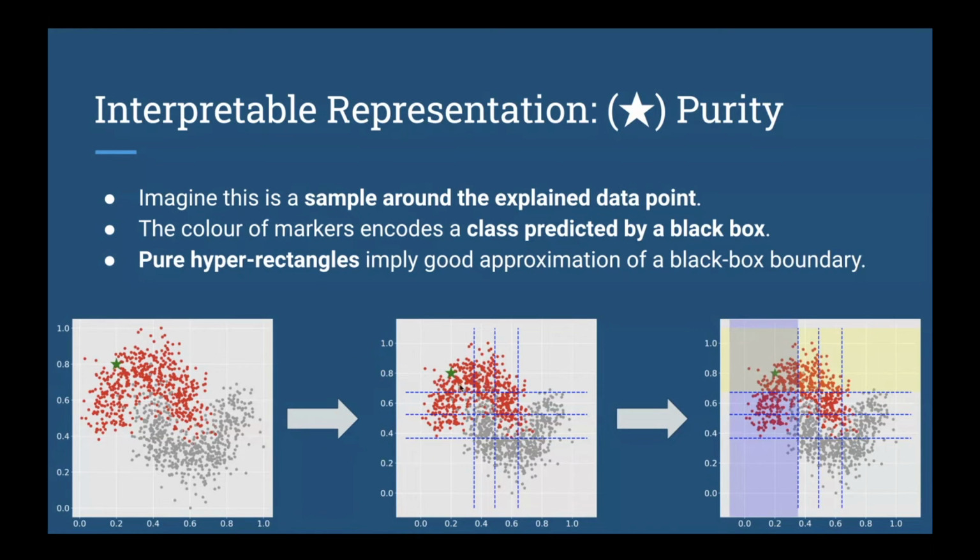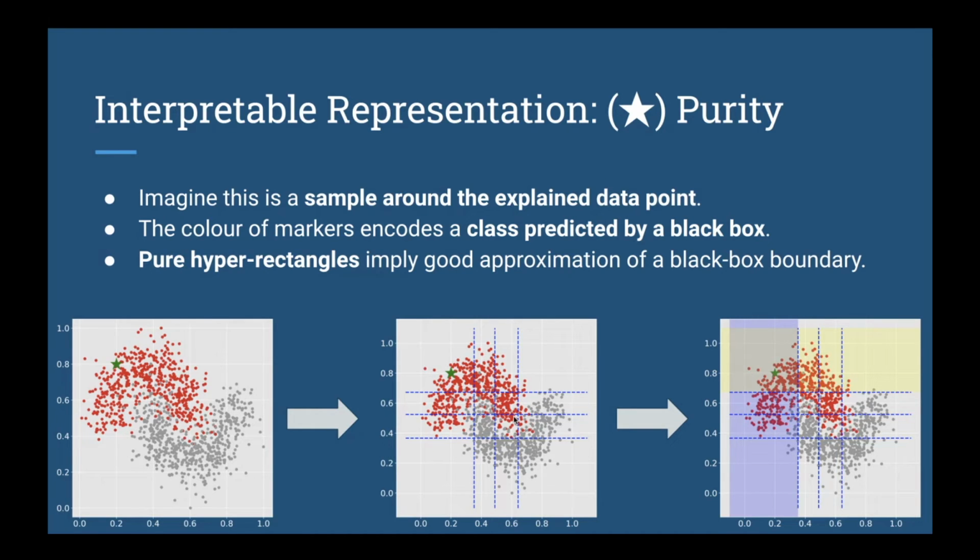So if the explained instance is the green star here, you want to figure out how the black box decision boundary would run. And for this data set, it would go across here and up there. And here, for both the binarization and the discrete representation, you can actually visually inspect and see, well, okay, it actually kind of splits the decision boundary quite nicely, so we're good.